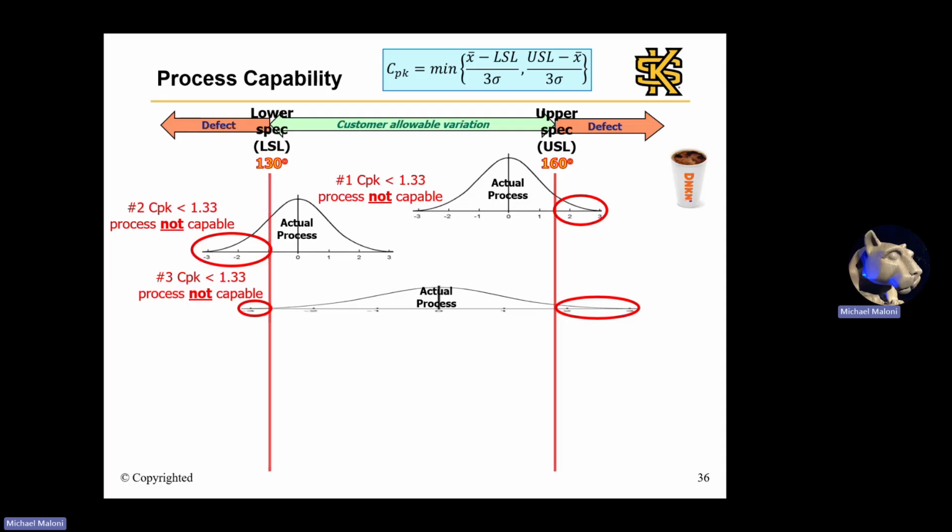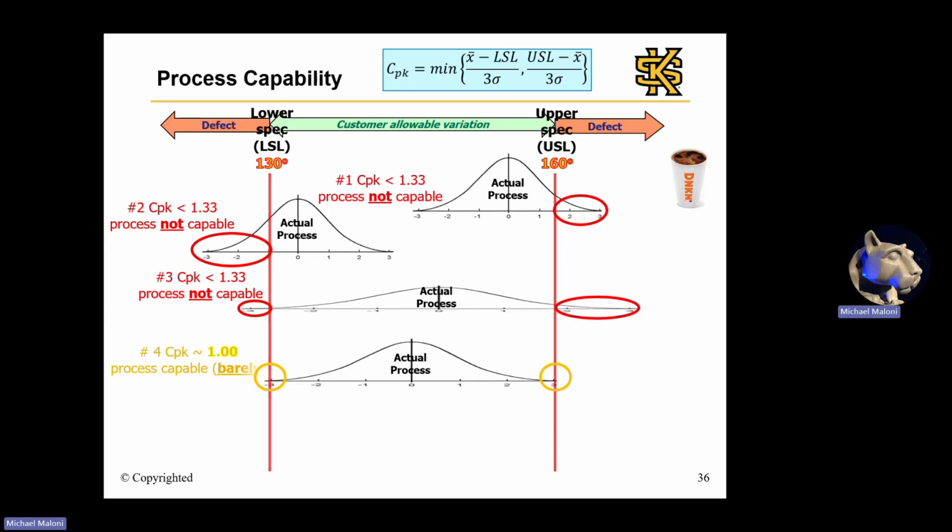Now consider a scenario where minus 3 sigma actual process variation falls right on the lower spec limit. And then plus 3 sigma actual process variation falls right on the upper spec limit. So in other words, plus and minus 3 sigma actual process variation fall right on the spec limits.